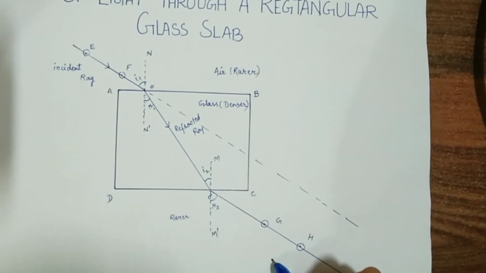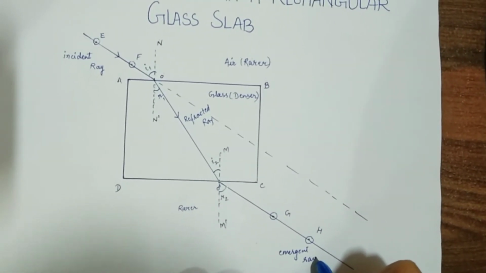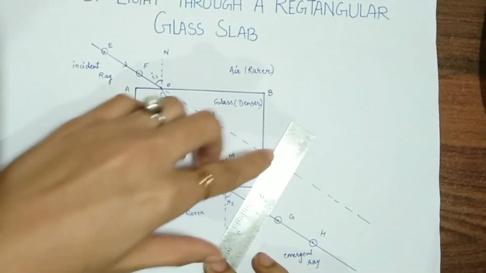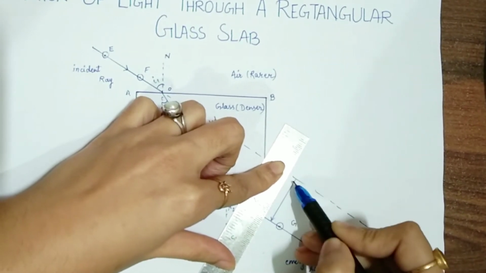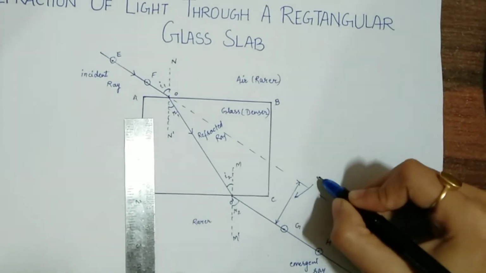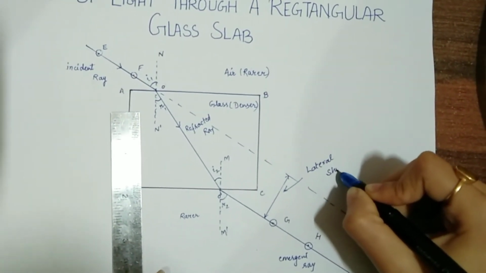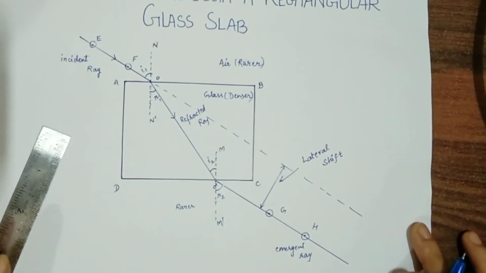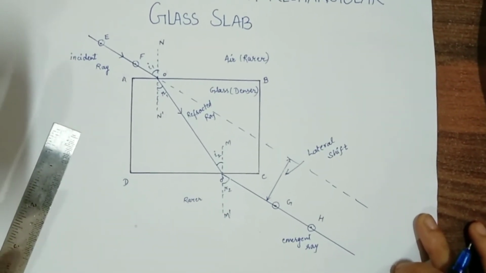This is called the emergent ray, parallel to the incident ray, and the displacement between these two, incident ray and emergent ray, is called lateral displacement or lateral shift. So in this way we have completed our activity of refraction of light through a rectangular glass slab.